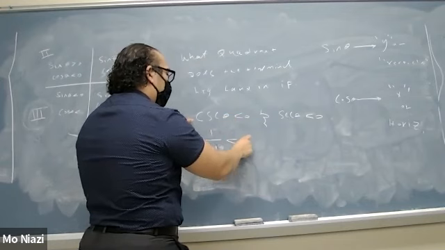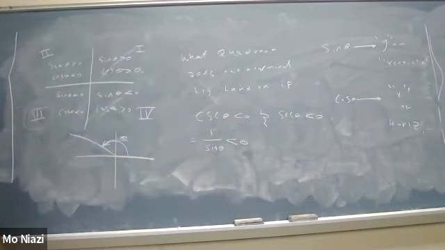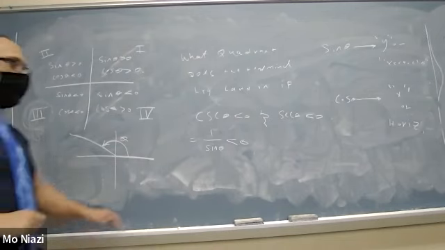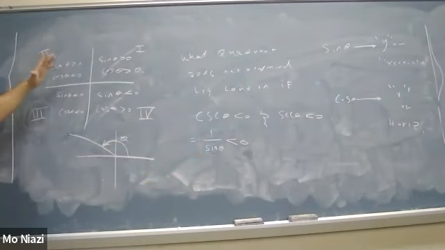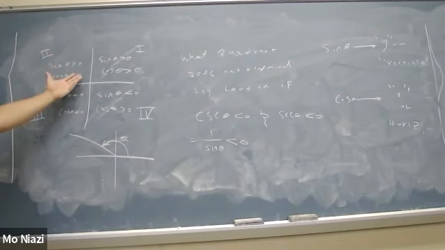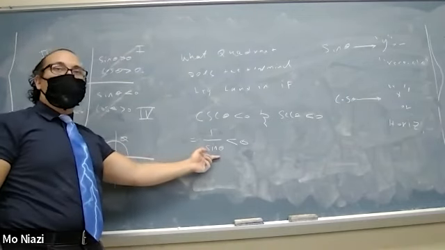So 1 over sine of theta is negative. Okay? Right off the bat, I can cut our possibilities in half. Which quadrants are no longer valid? 1 and 2, because 1 and 2 have positive sine. We only have to restrict ourselves to the negative sine, okay?